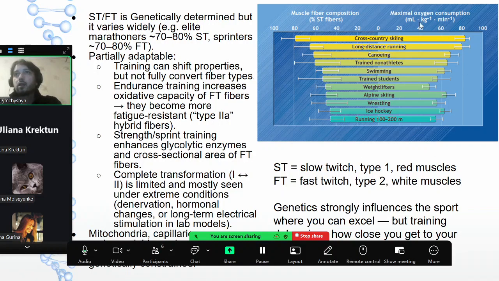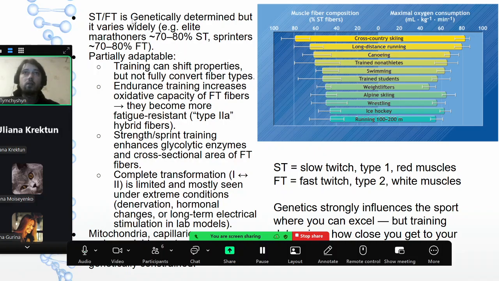And here you see the maximum oxygen consumption that you can correlate with different types of fibers, because you know that slow twitch fibers rely on the aerobic pathways, while the fast twitch fibers are fast, they have no time to wait for the oxygen, so they rely on the anaerobic pathways. Well, not everything, but they rely more on processes that do not need oxygen.